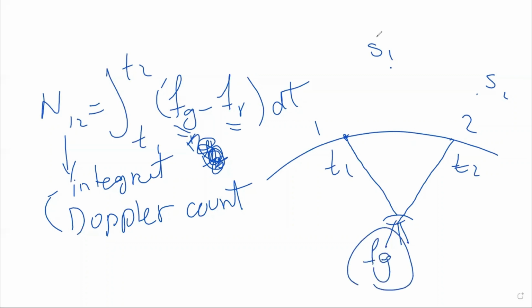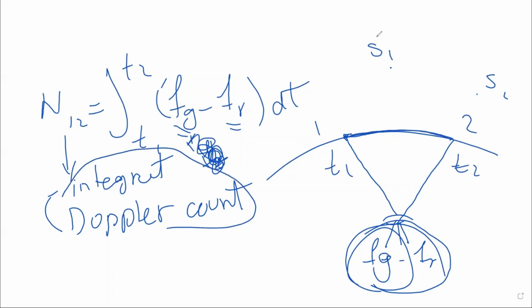The difference between this generated frequency and the received frequency, which is the Doppler beat frequency, the shift, is integrated over time. That's up to here, and this integrated result is called the integrated Doppler count.